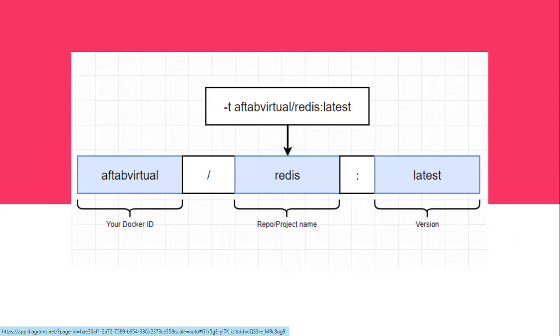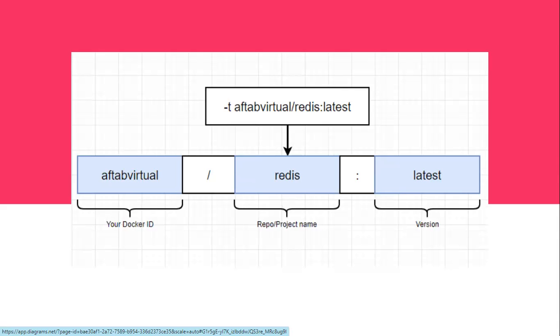So this is your Docker ID, slash redis is your repo project name, and this is the version, right? This is very useful in tracking the images that you are creating, and in case you want to push the images to Docker Hub, you can do that. Aftab Virtual is my Docker ID, which I created as a user in Docker Hub.